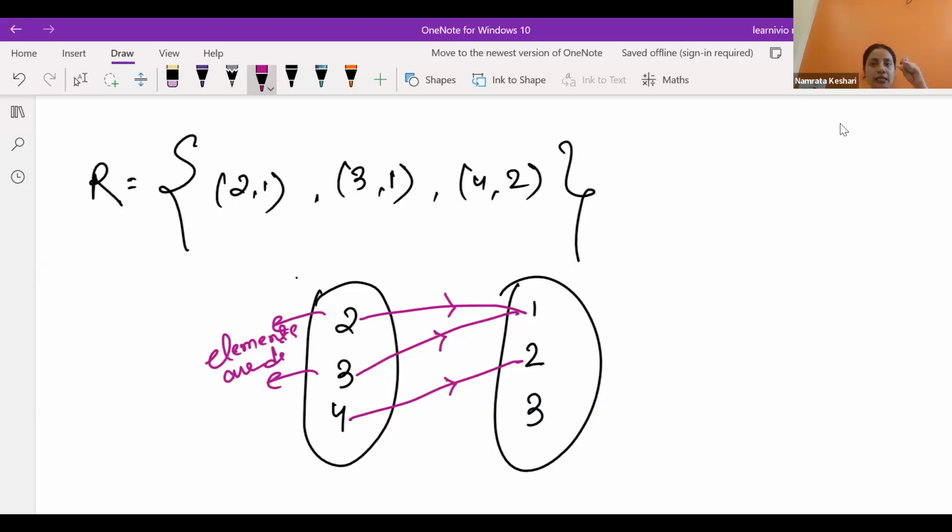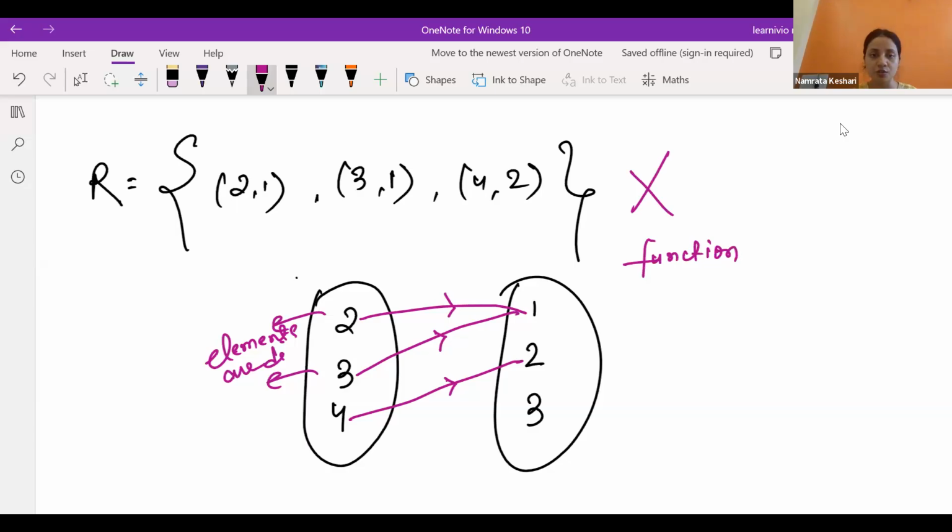The image of 2 is 1 and the image of 3 is 1. Hence the image is not unique. Rule number 2 is not getting validated over here. Hence this is a relation but not a function. Making sense? Yes.